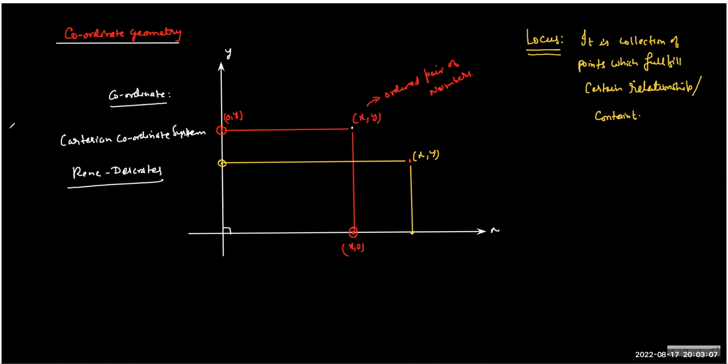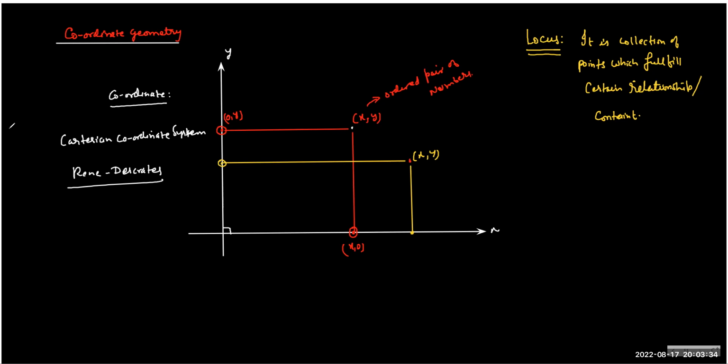Can we say it's a collection of points? A line is a collection of points, isn't it? But even a circle is a collection of points. Ellipse is also a collection of points. Parabola is a collection of points. Hyperbola is also a collection of points. Every curve which we draw is a collection of points.